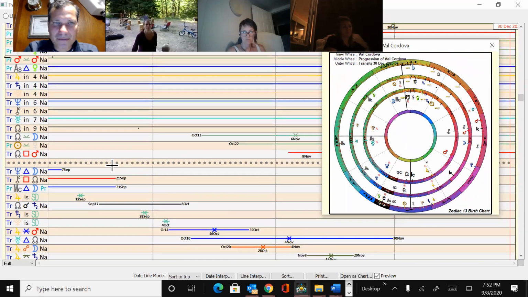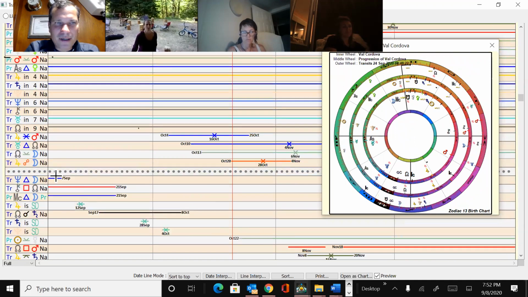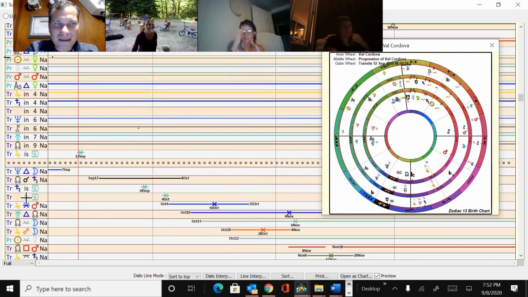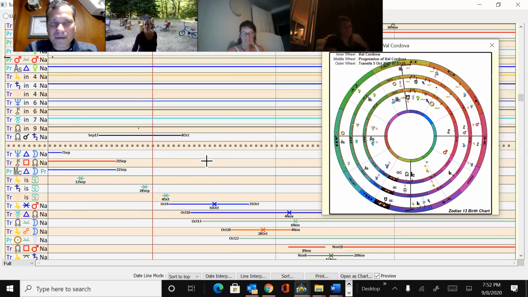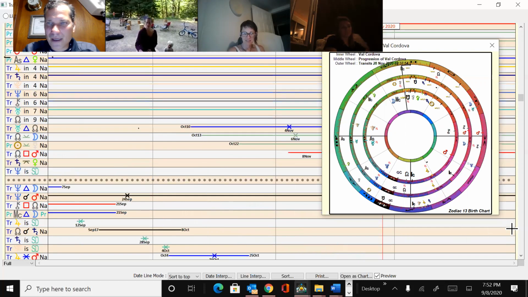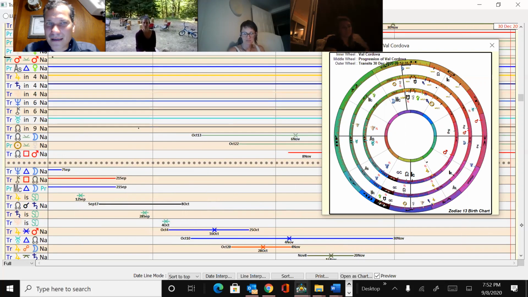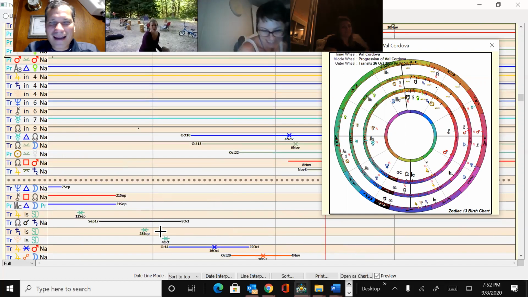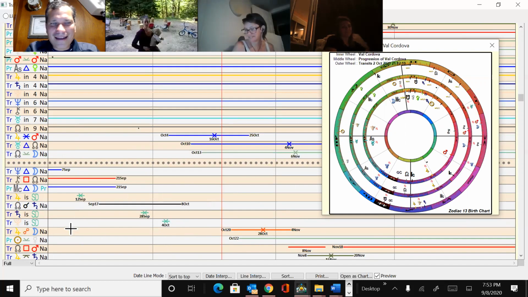We play around with the wheel. Yeah, I don't know what that is. You see it's in the middle here? Yeah, I don't know what that is. That's a good question.